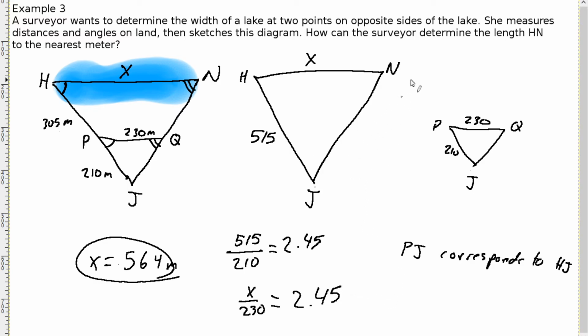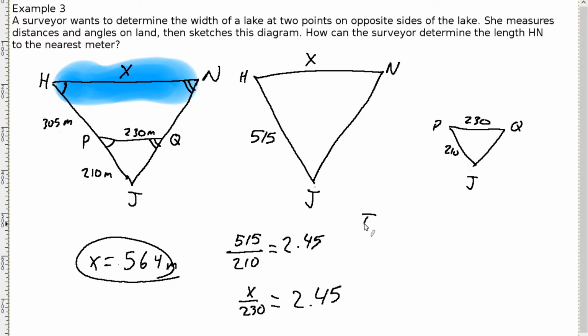So this is our answer, but the question is actually how can the surveyor determine the length HN? And the easiest way to answer that question is to talk about what we just did.